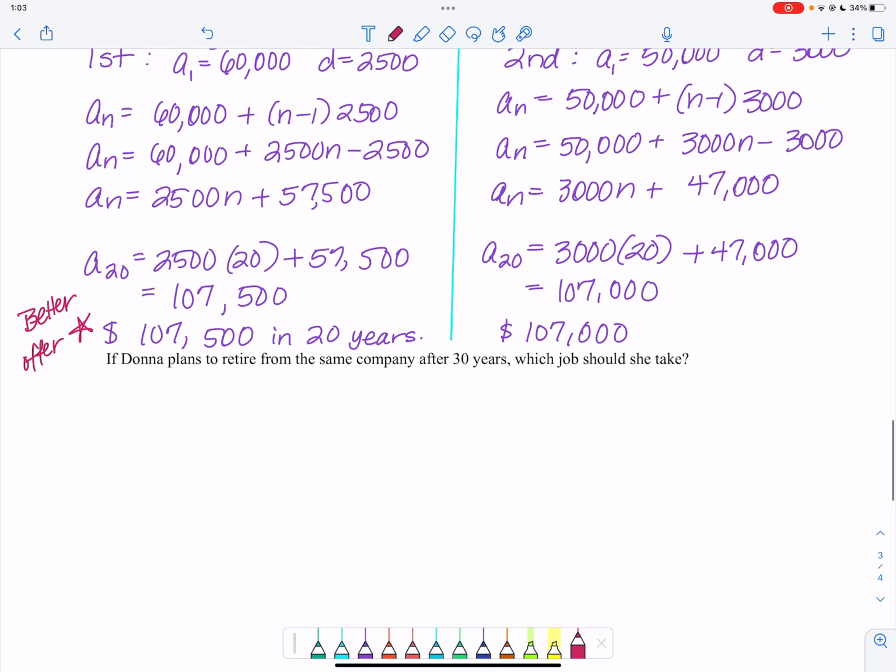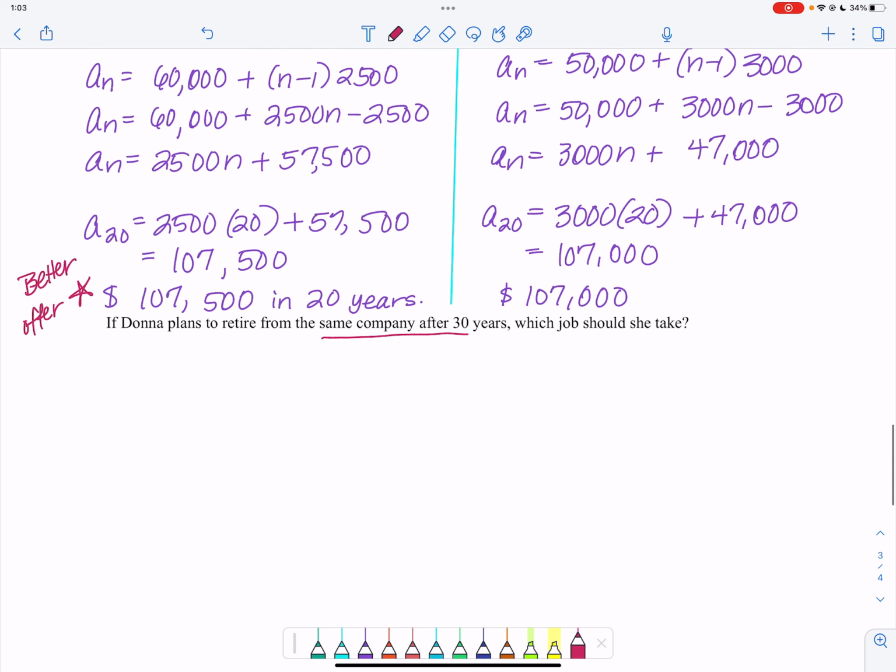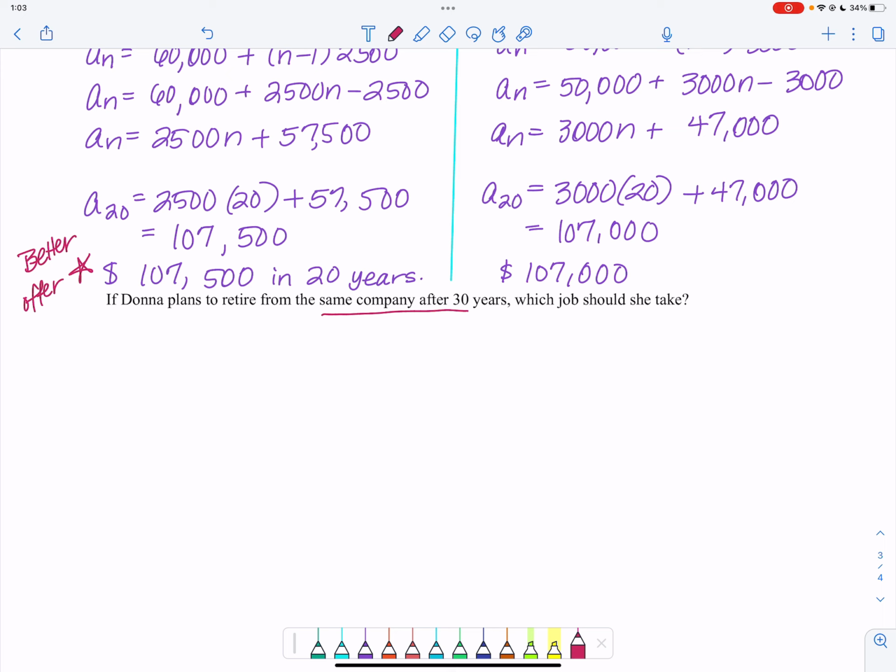Okay, if Donna plans to retire from the same company after 30 years, which job should she take? So let's see what happens after 30 years. So the first offer, a sub 30, is equal to 2,500 times 30 plus 57,500. And if you work that out, you'll have $132,500.